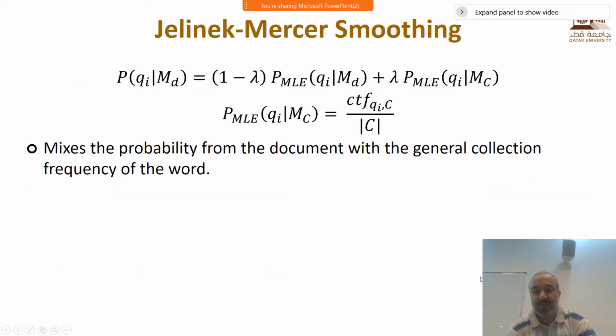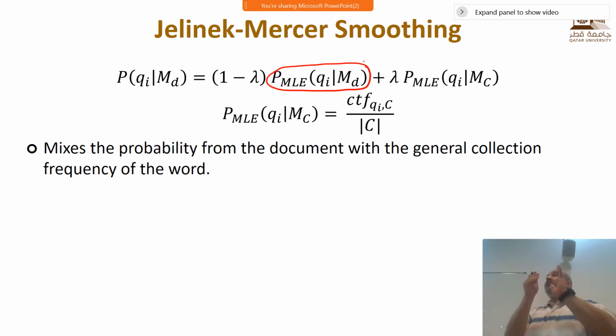Okay. Now we'll study the first smoothing technique, called Jelinek smoothing. How do we do the smoothing here? This is what we computed so far. This is the maximum likelihood estimate. So that's the original estimate. We'll start with the original estimates for all words.